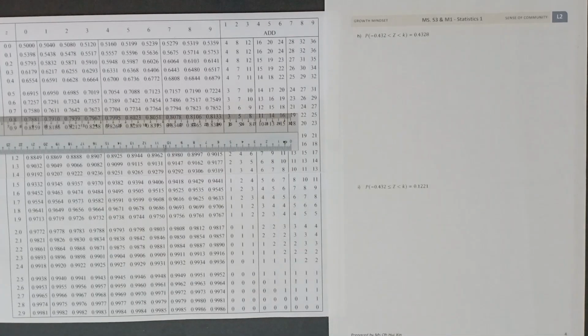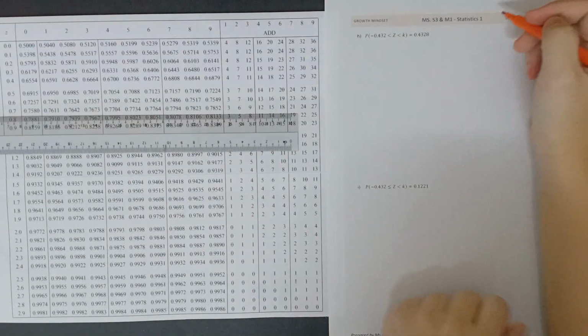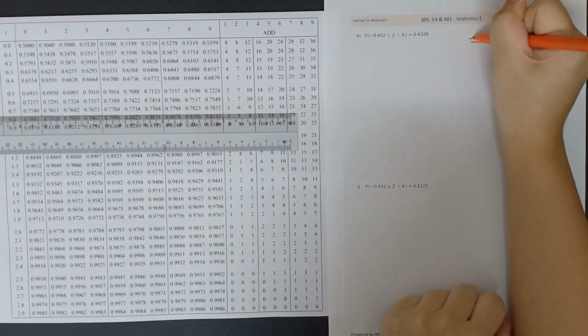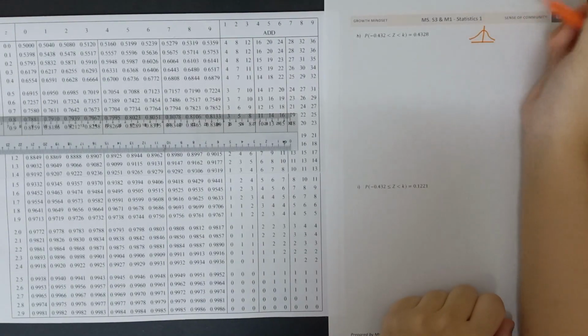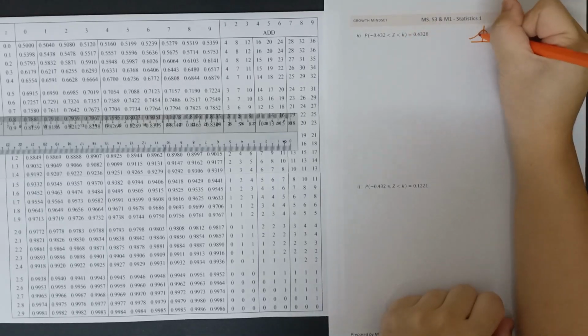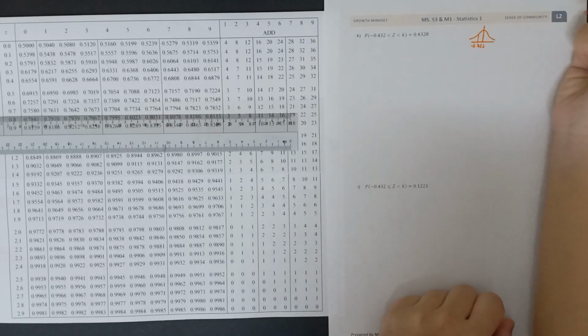But how do you know that your K is positive or negative? If I try to draw it out here, the only thing that you know is that K is greater than negative 0.432.